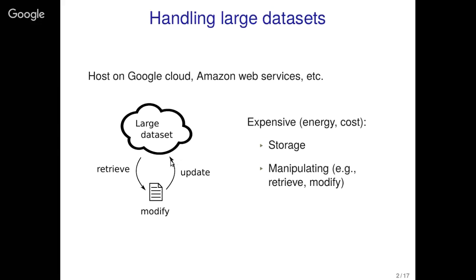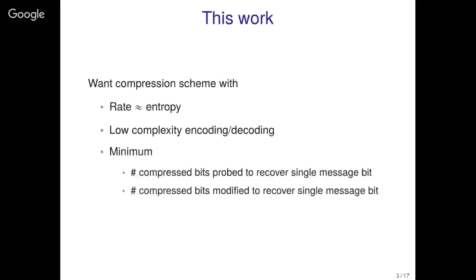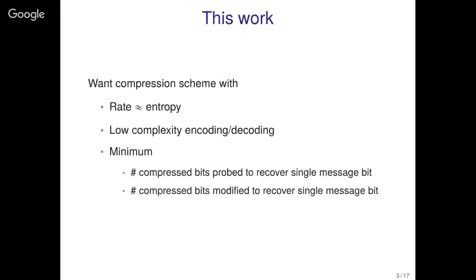So the goal, therefore, is to design a compression scheme which has optimal rate, so you don't pay much for storage. At the same time, you want the scheme to be practical, so the overall encoding and decoding complexity is as small as possible. At the same time, you want to be efficient in terms of the number of bits downloaded to recover a file and the number of bits uploaded in order to update a file.